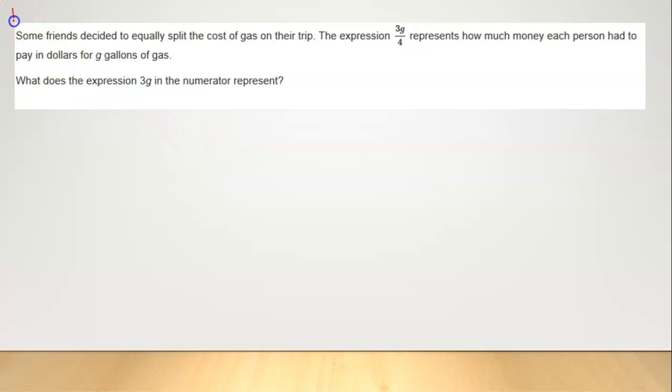All right, number 4. Some friends decided to equally split the cost of gas on their trip. Equally split. Here's the expression, 3G over 4. And that represents how much money each person had to pay in dollars for G gallons of gas. Ooh, so they tell us that G stands for the gallons of gas.